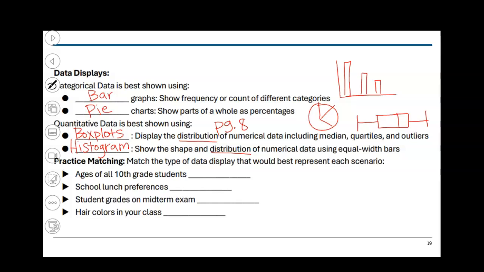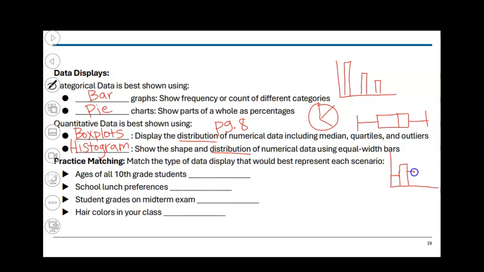So a histogram is usually very frequently confused with a bar graph because they have bars, but they're not the same. So when you're done writing that, put a little sketch here on the bottom. A histogram has equal width bars. They also show distribution, so they actually are touching each other.